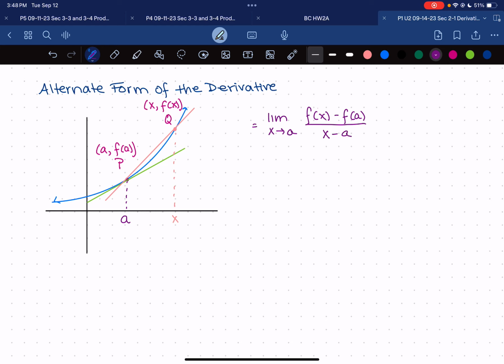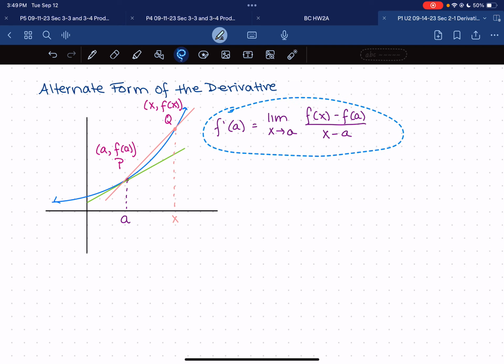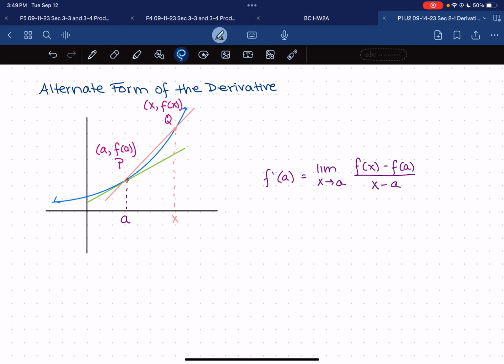And this is the value of the derivative at a specific point. So this is the derivative of f of x at x equals a.